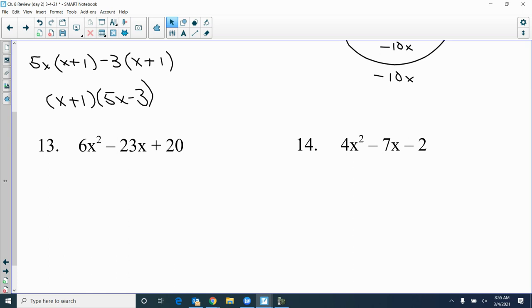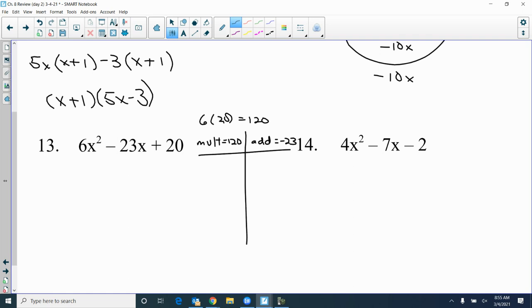So this is where I would do a chart. Okay, so you get some bigger numbers here. So I would, if you need to, do a chart. 6 times 20 is 120. So what multiplies to equal 120 and adds to get negative 23?